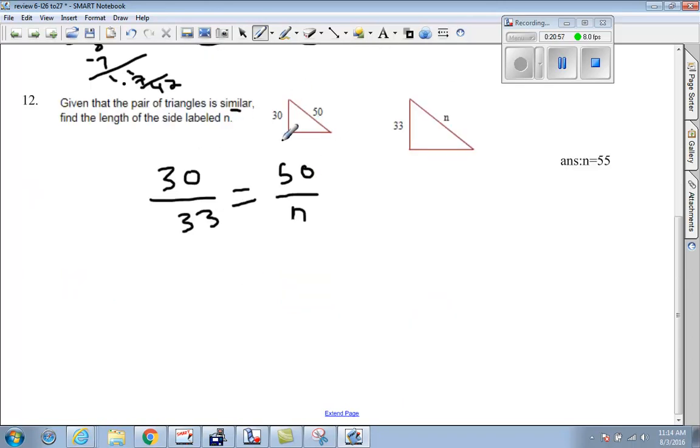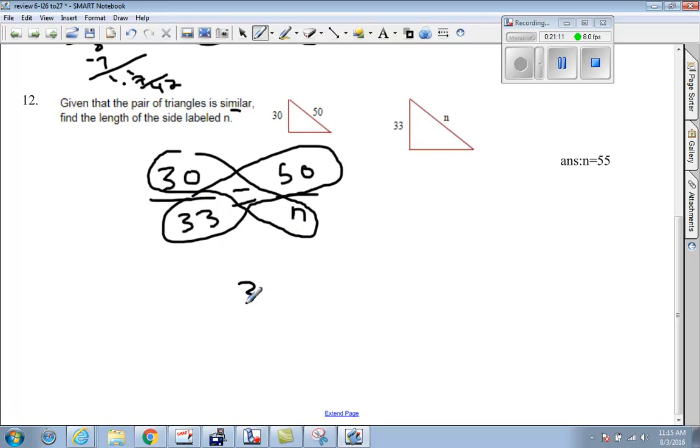And make sure you're being consistent, like, for example, small triangle is to bigger triangle as smaller piece is to bigger piece. So just have to be really consistent in how you're constructing that proportion. And again, we cross multiply and solve. So 30n equals 33 times 50. What I do is I take 33 times 5 and then just tack on the 0.